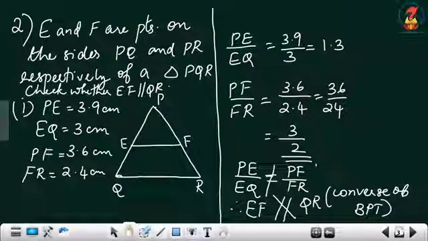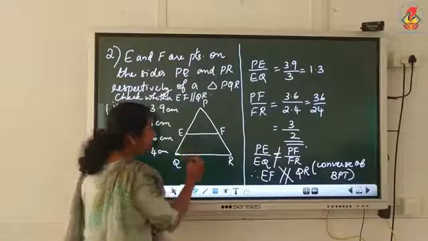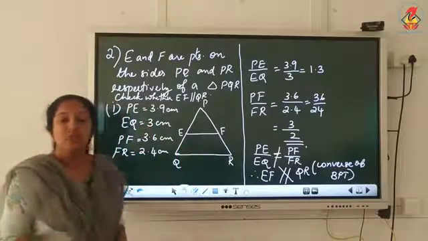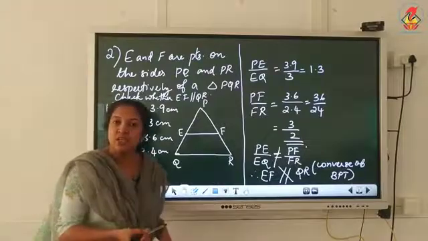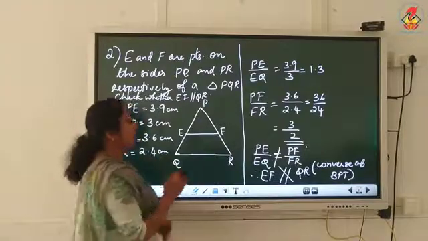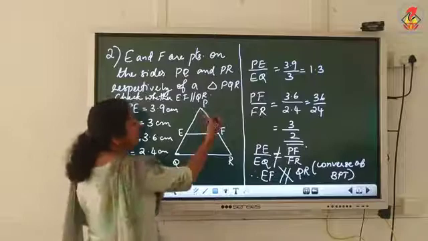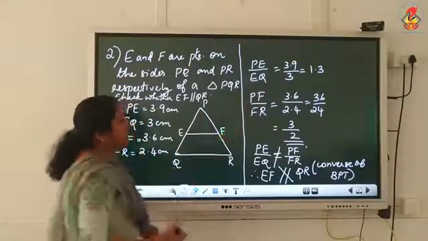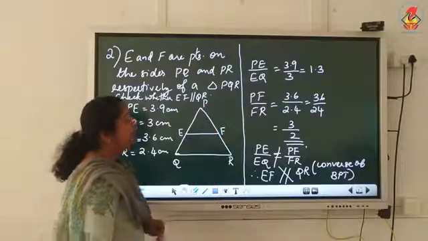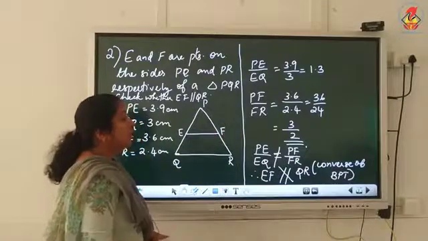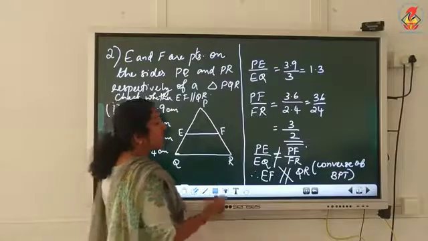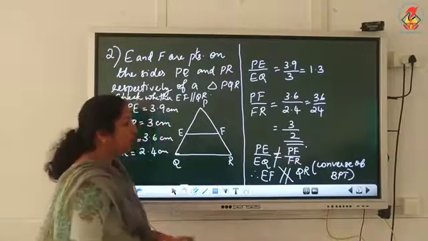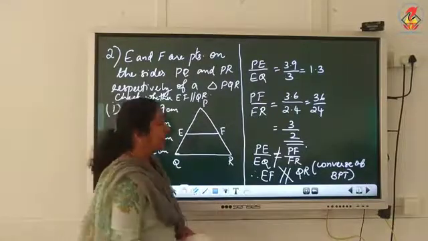Here what we have to check is whether EF is parallel to QR. Using converse of BPT, if the sides are in proportion, then EF is parallel to QR. So we have PE by EQ is 1.3 and PF by FR is 3 by 2. Not equal. So EF is not parallel to QR using converse of BPT.